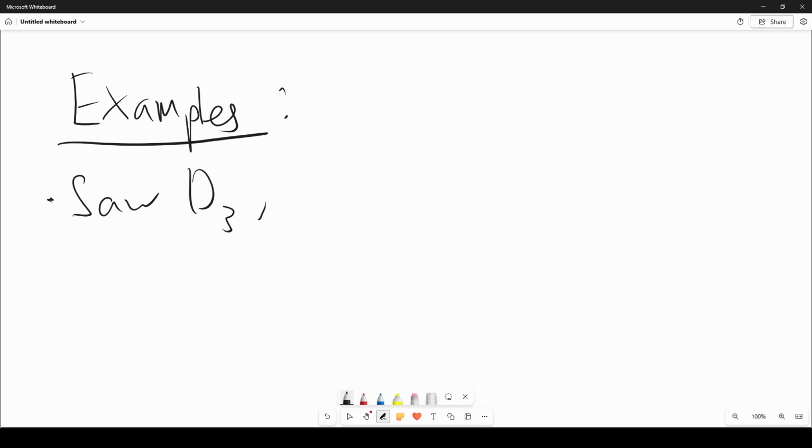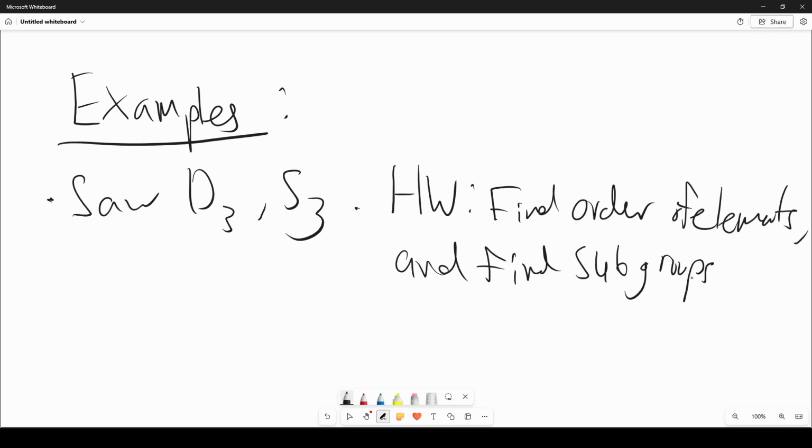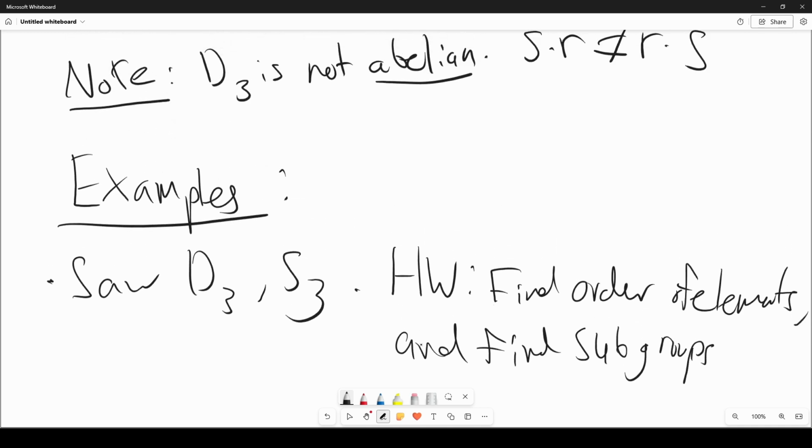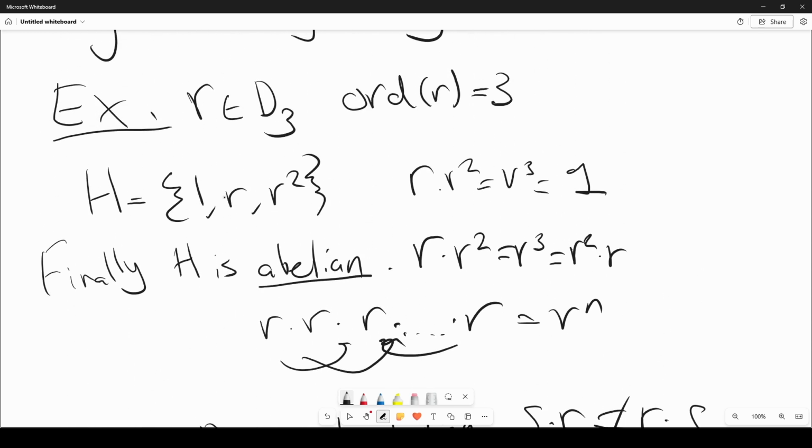Maybe a little exercise for your own enjoyment is to find the order of elements in these groups and find maybe some subgroups. If you would like to, try to use the trick I showed up here, where if you have an element that has order 3, you can define a subgroup that has all the powers of that element up to 3 minus 1. Or if the order is n, up to n minus 1.